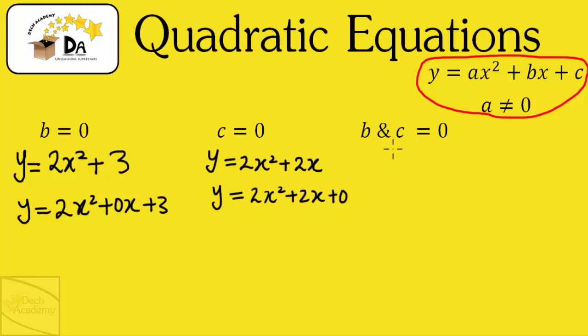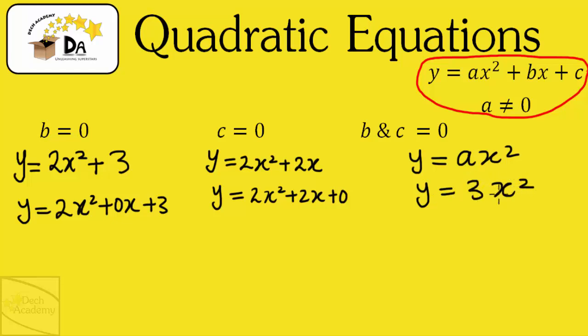You can also have a quadratic equation where both b and c are equal to 0. So looking at the general form, if b and c are equal to 0, you have an equation of the form y equals ax squared, where a could be any real number, so for instance y equals 3x squared.